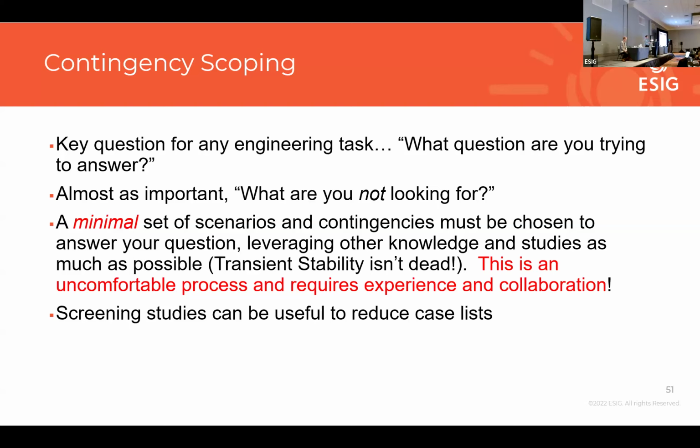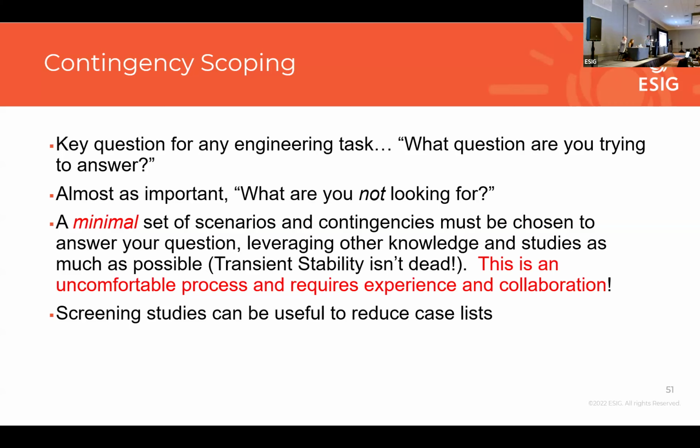We need to ask ourselves what are we looking for inside of our case, right? What's our concern? We talked about a few possible concerns already: series capacitors, weak systems, interactions with specific devices in the network. So we should really be focusing our contingency list to target these specific things that we're looking for, okay?